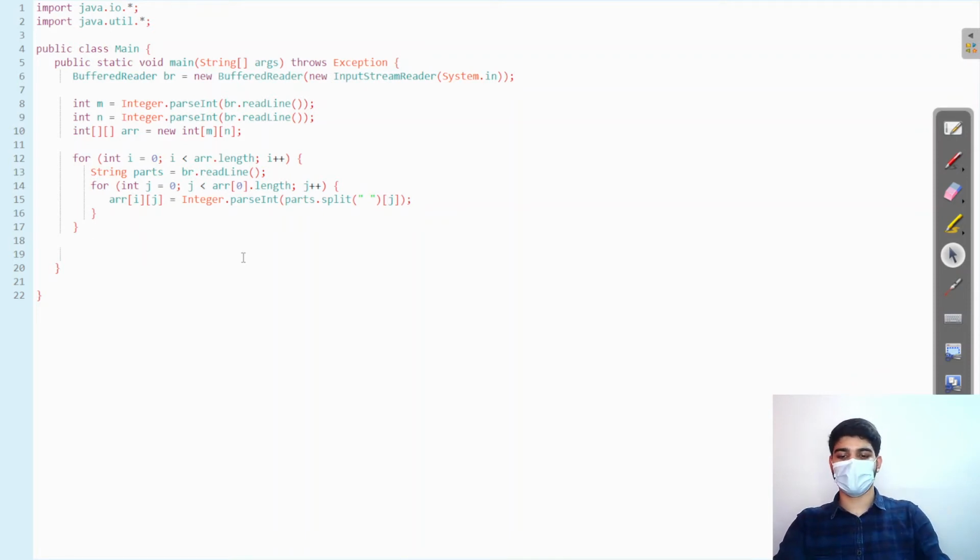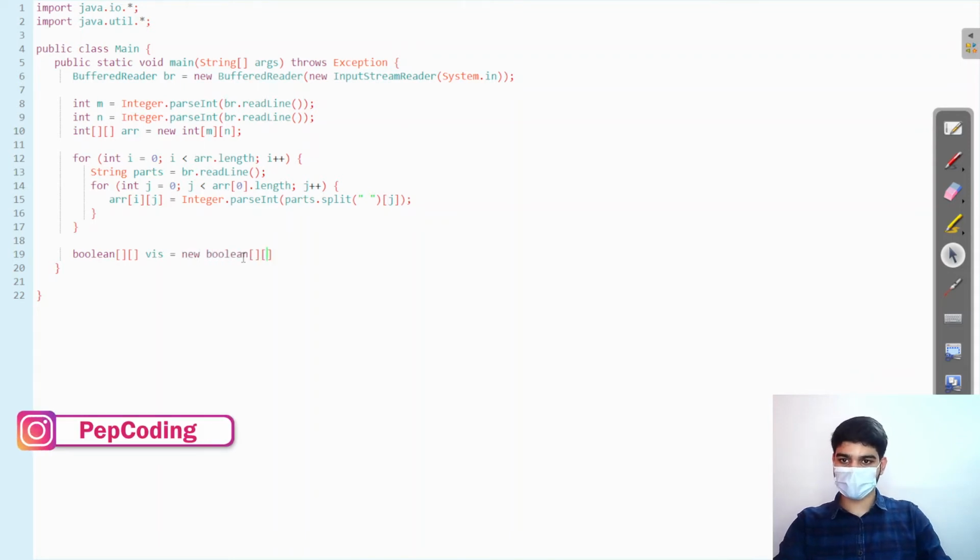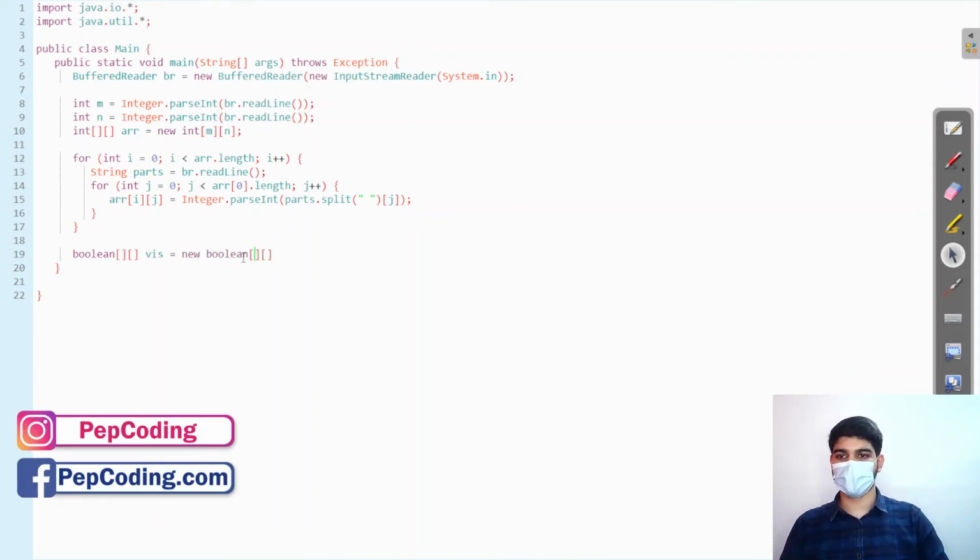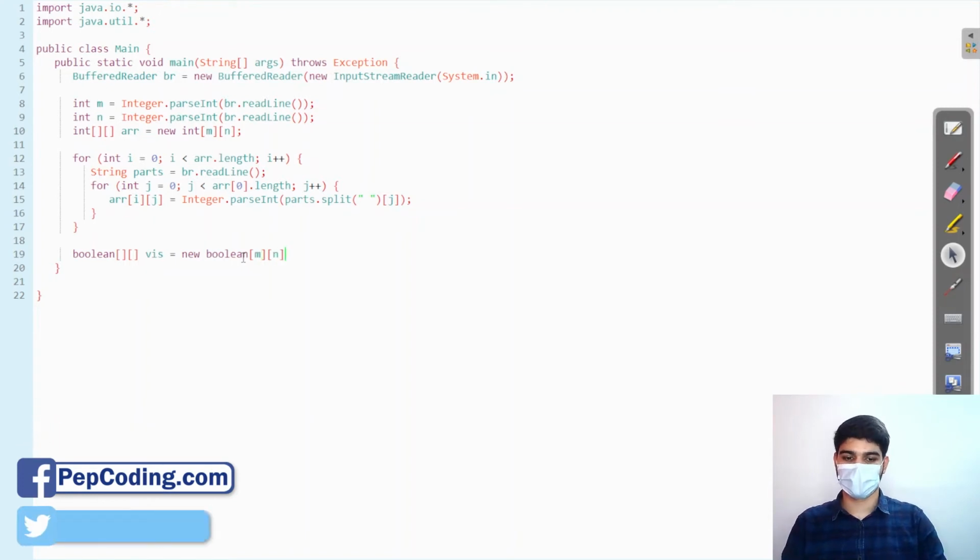So the very first thing that we need is a Boolean array. Now the Boolean array would be of 2D type because we have a lot of vertices right now, and the vertices are in 2D format. So my visited would be new Boolean, and the size of this would be m cross n, right?